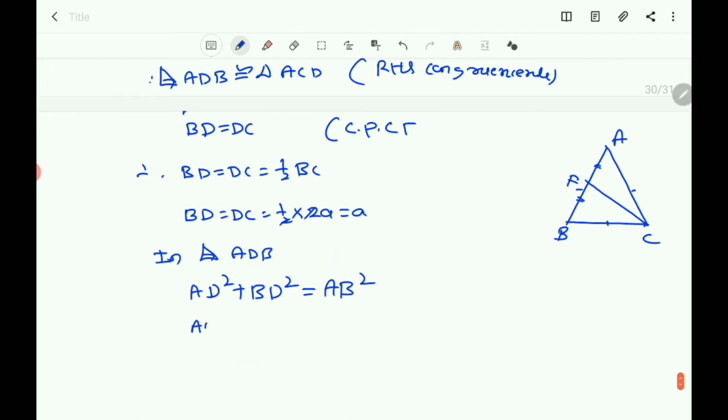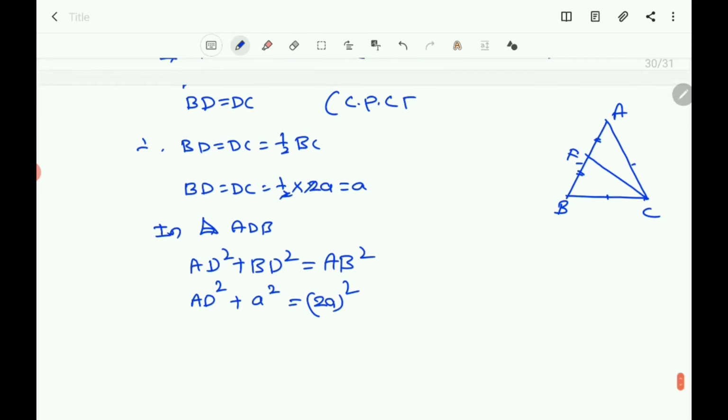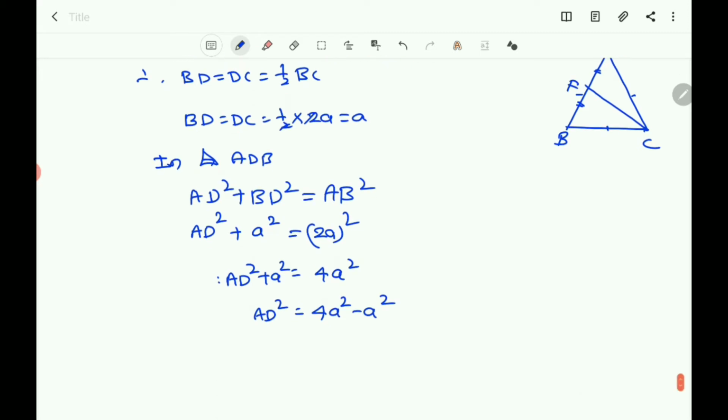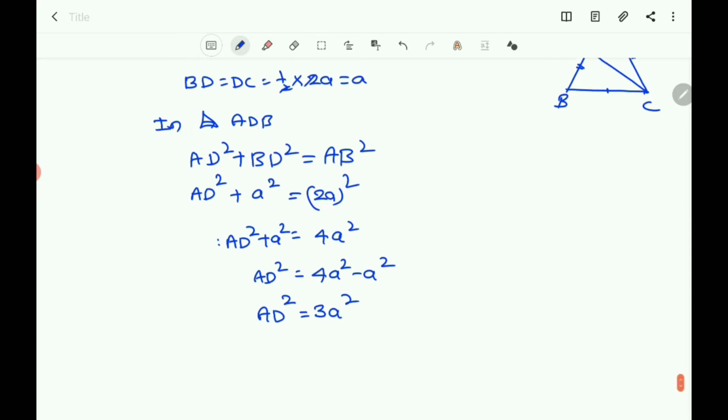Now AD square, BD is A, so A square, and AB is 2A whole square. So AD square plus A square is equal to 4A square, since 2A the whole square means 4A square. Then AD square is equal to 4A square minus A square. By transferring A square to the RHS, AD square is equal to 3A square. Then AD is equal to root of 3A square, that is root 3 A.